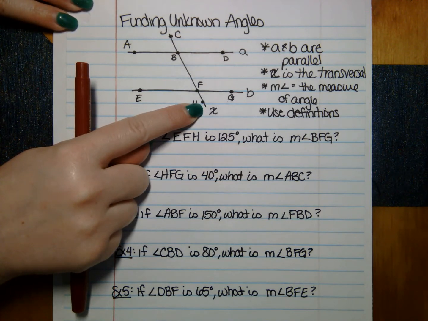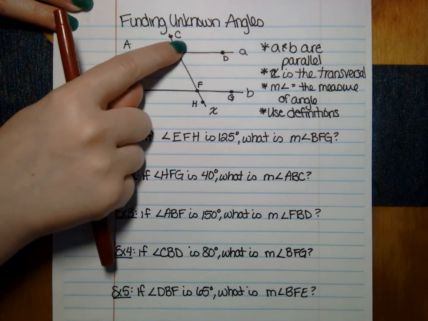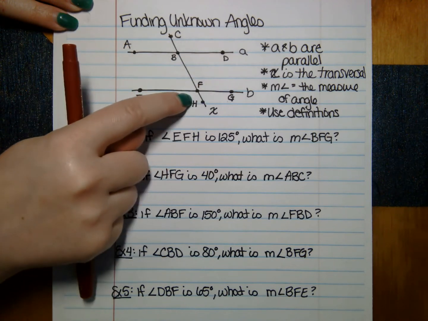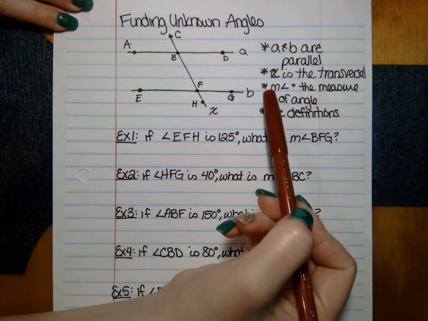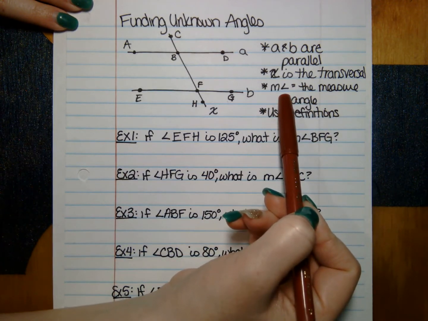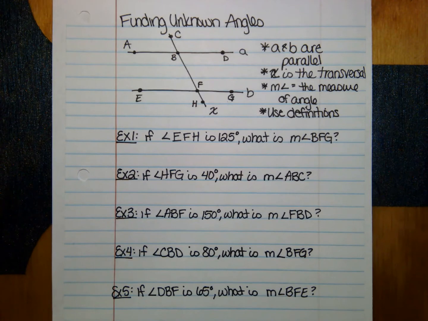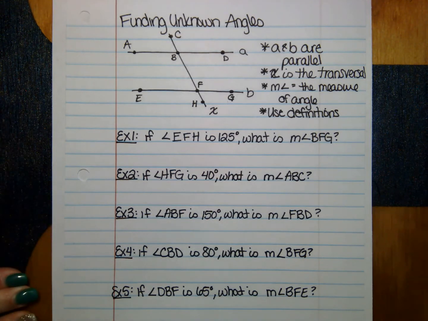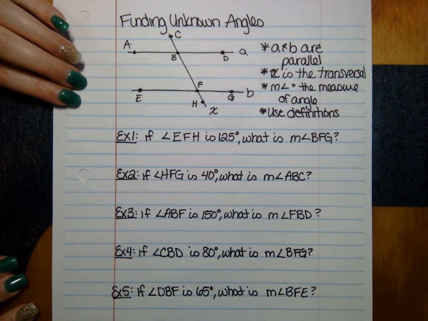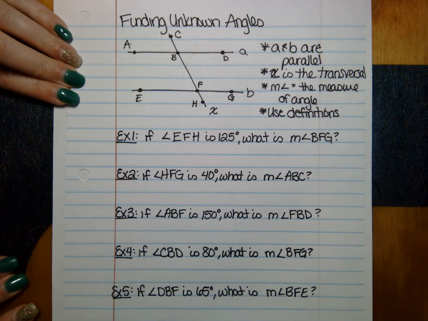We talked about last lesson that in parallel lines a transversal forms 8 angles. 1, 2, 3, 4, 5, 6, 7, 8. The symbol M, angle, means the measure of the angle, and you need to use your definitions that we talked about the last lesson in angles and relations to determine what the values are going to be and why.